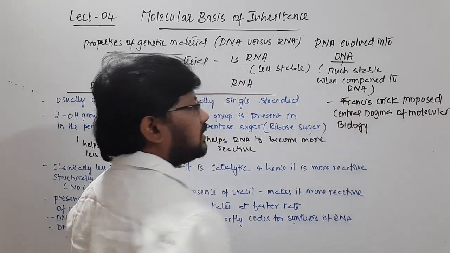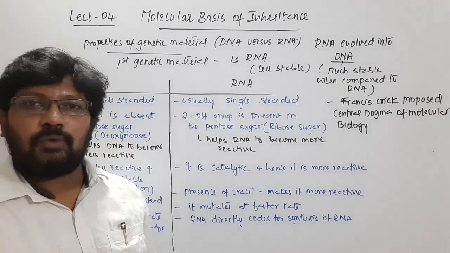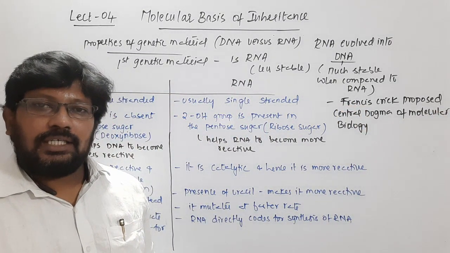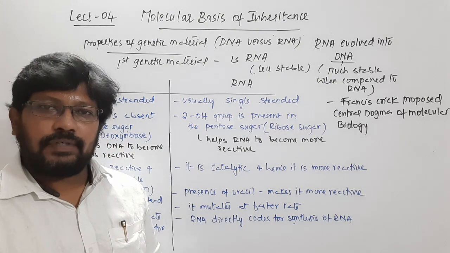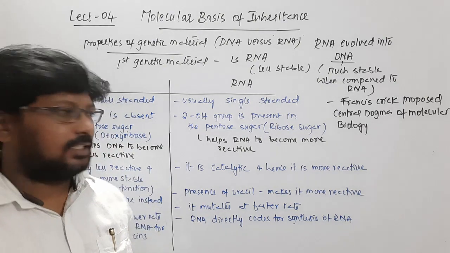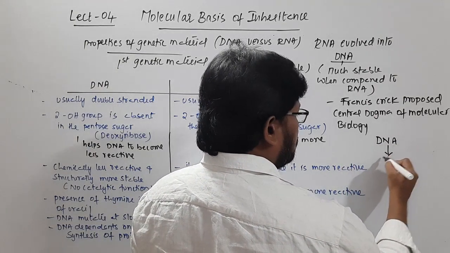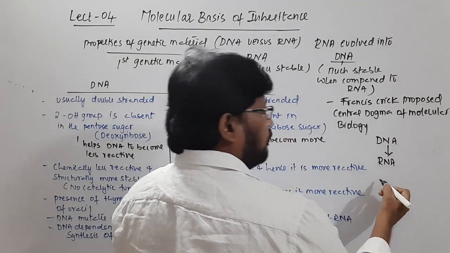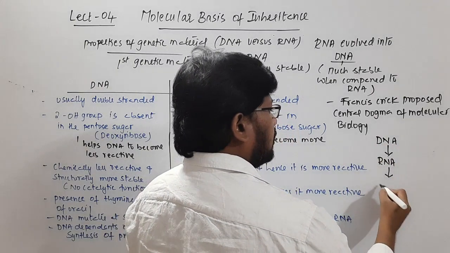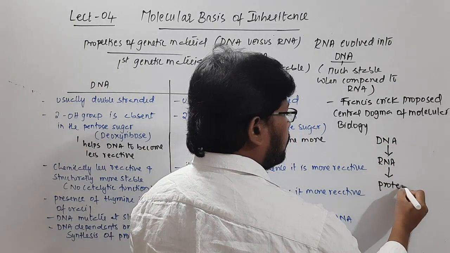The central idea of the molecular basis of inheritance is that from DNA, RNAs are going to form, and these RNAs will help in the synthesis of proteins.